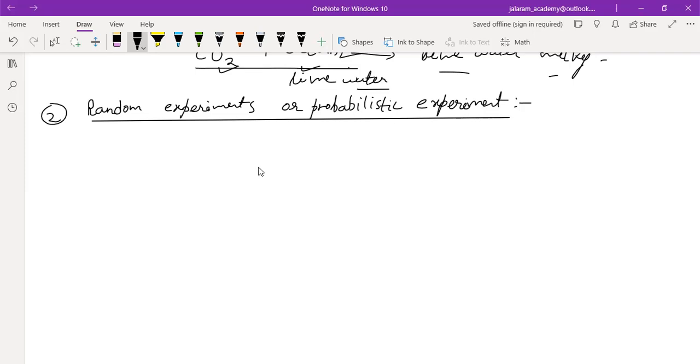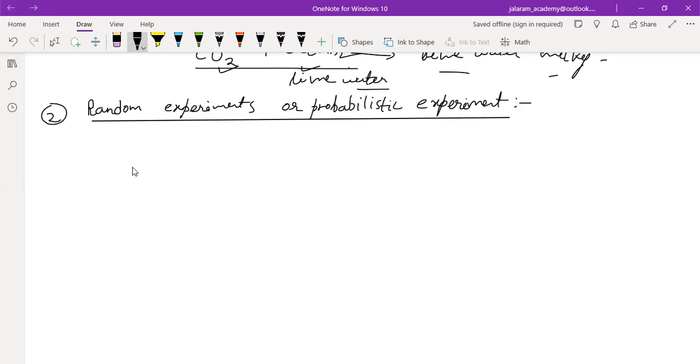If two or more outcomes are related to an experiment, then that type of experiment is called a random experiment. The experiment which can result in one of two or more than two outcomes.